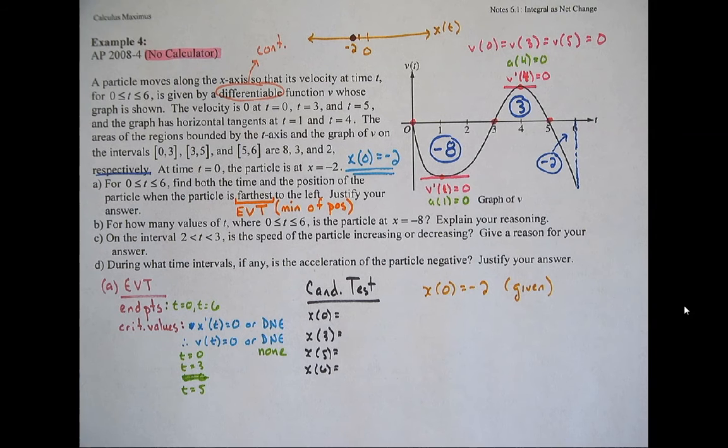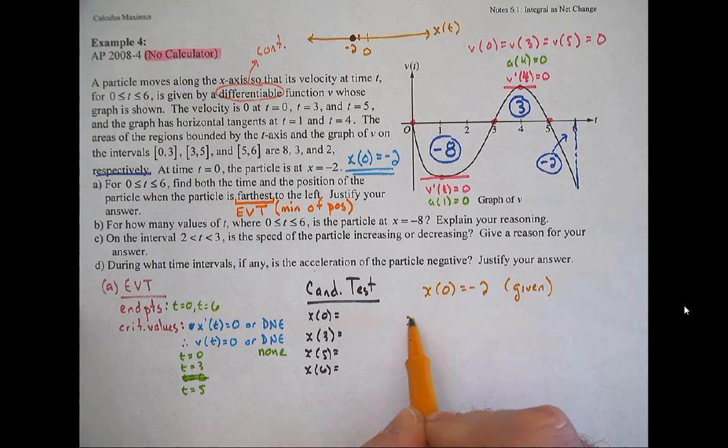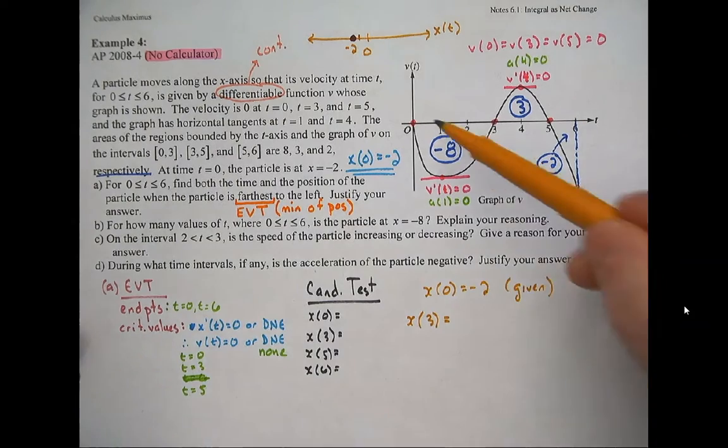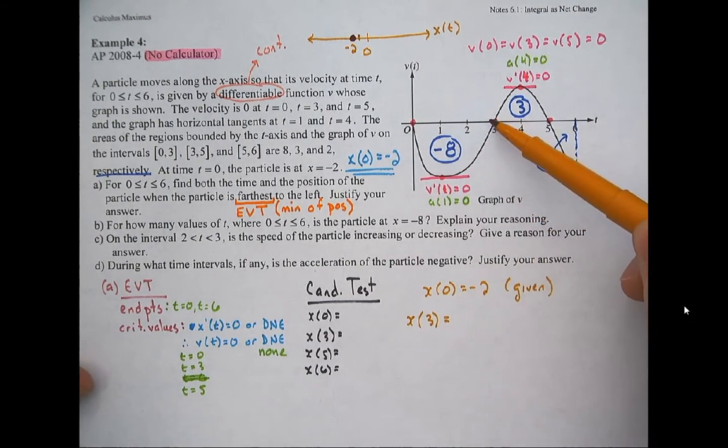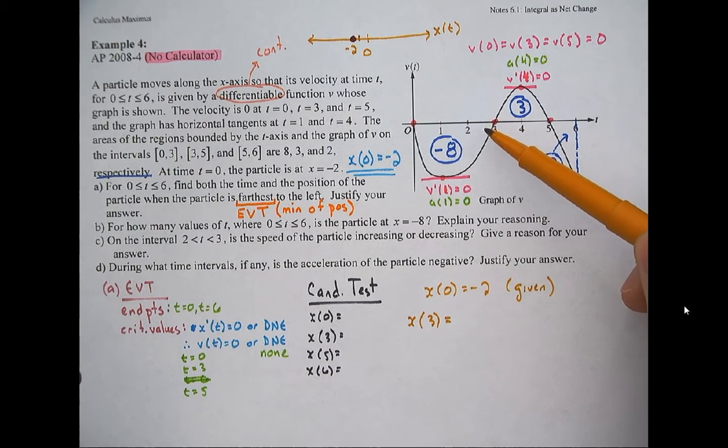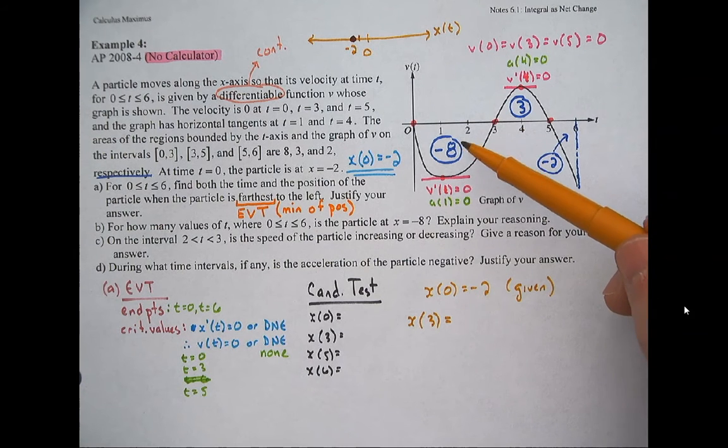So as I integrate this, x of 3 is going to be the integral from 0 to 3. But wait a minute. If I just integrate from 0 to 3, that would tell me how much my particle has changed between 0 and 3. It's its displacement.